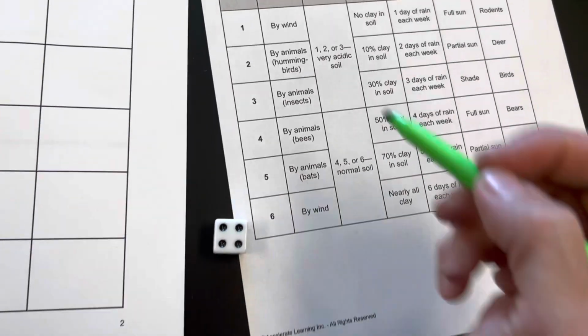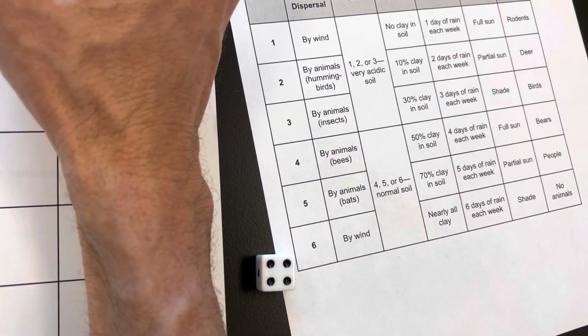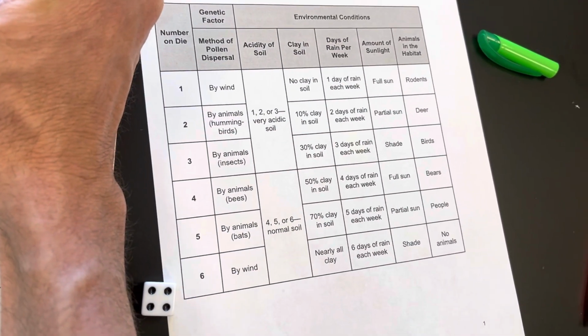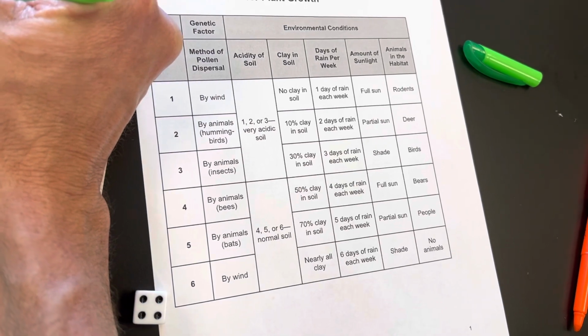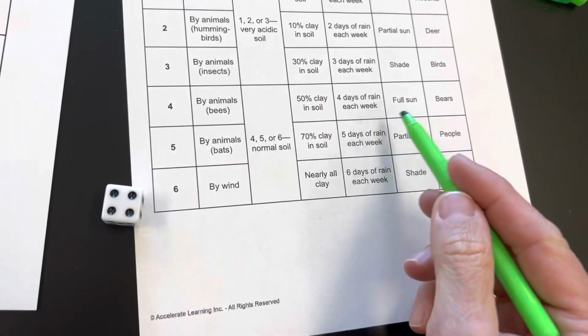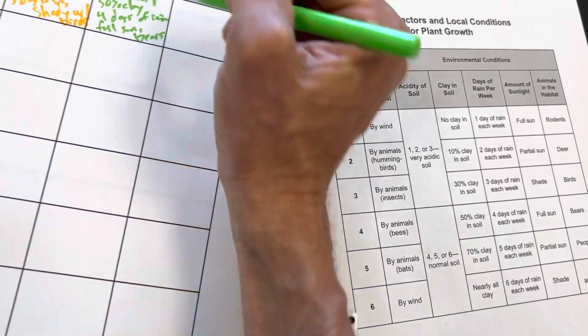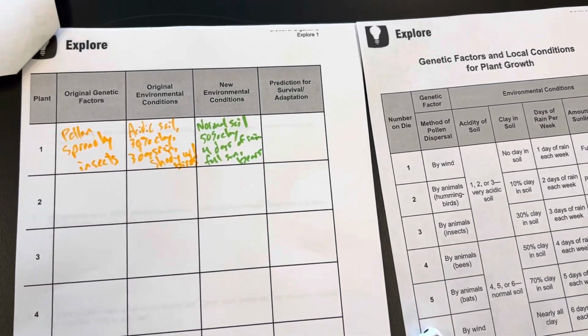It is 50% clay with 4 days of rain, full sun, and there are bears.